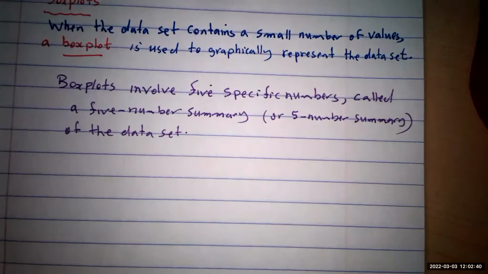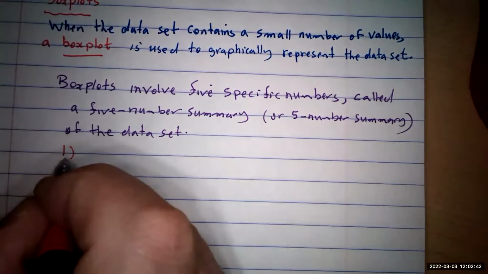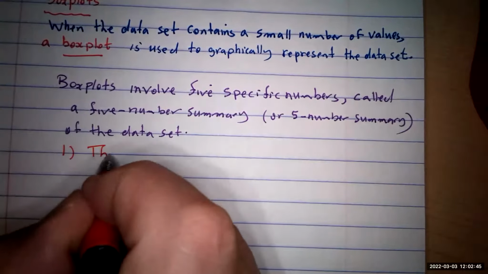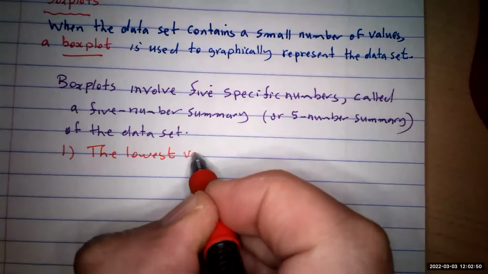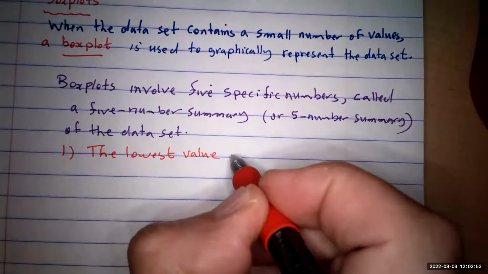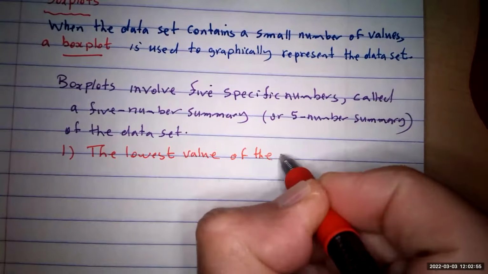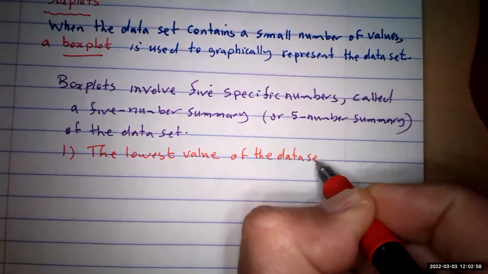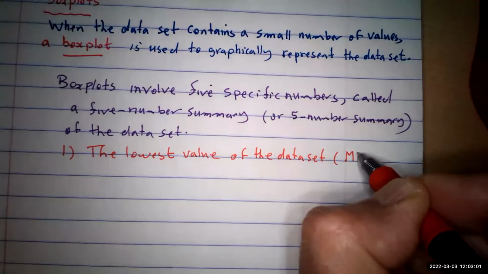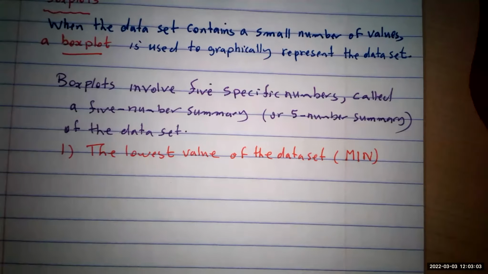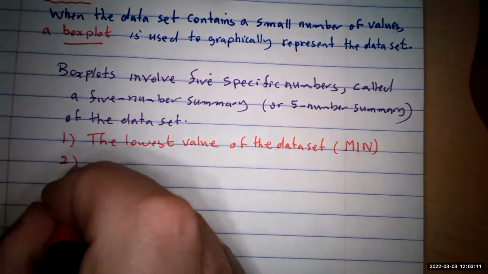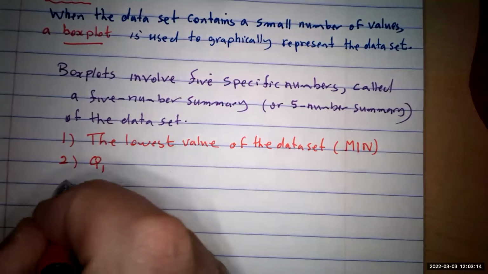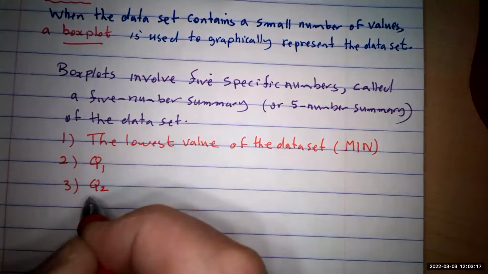So the numbers, as I talked about, are going to be: the first one is the lowest value of the data set, or the minimum, shown by min if you use your calculator. That's the first number. The second number is Q1. The third number is Q2.